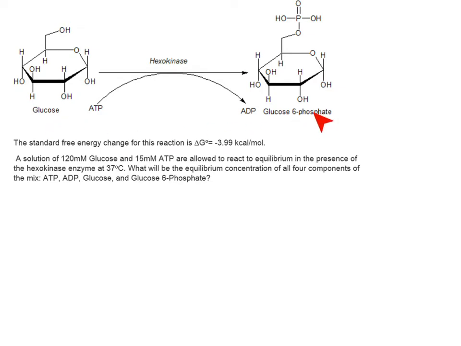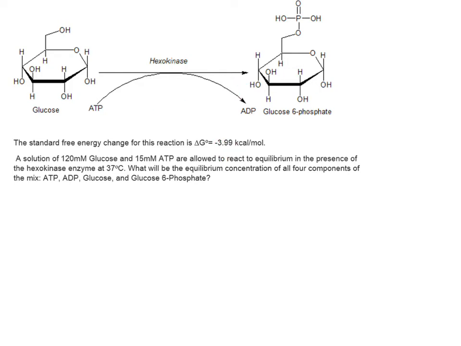Glucose gets phosphorylated to glucose 6-phosphate. The question states that the standard free energy change for this reaction is delta G naught equals negative 3.99 kcals per mole. And again, recall that the sign on delta G here, negative, means that this is favorable. So this reaction, burning ATP to make glucose 6-phosphate from glucose and ADP as a product, is favorable.